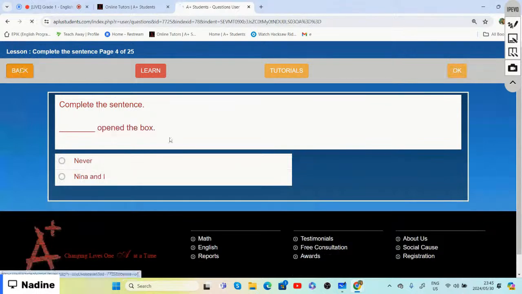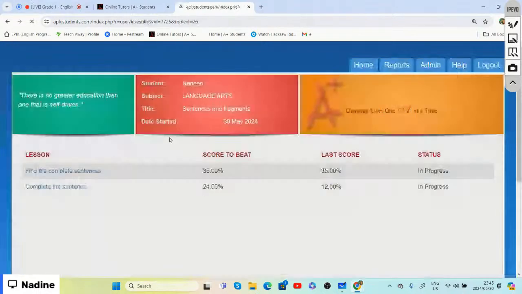All right, so this is now the end of our lesson on sentences and fragments. We say that in order to show a complete sentence, right, it needs to have a naming part as well as an action part, right? And the naming part, it either tells us who or what is going to do something. And then our action part.